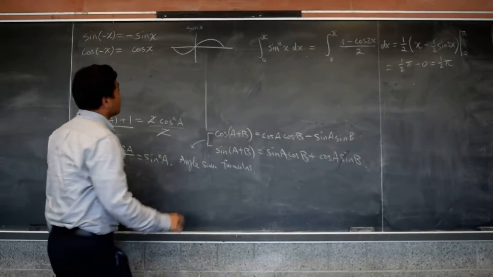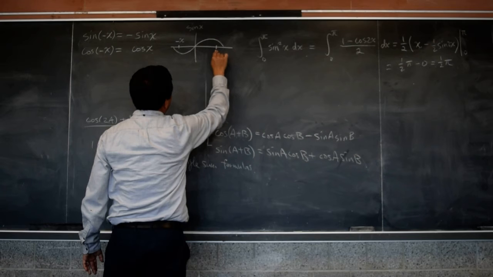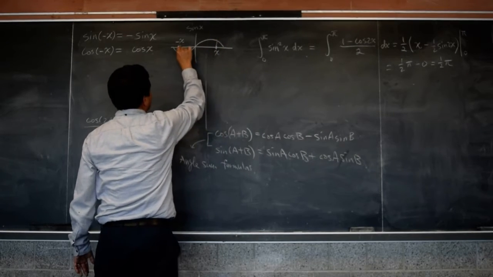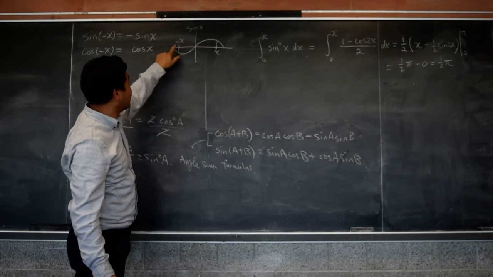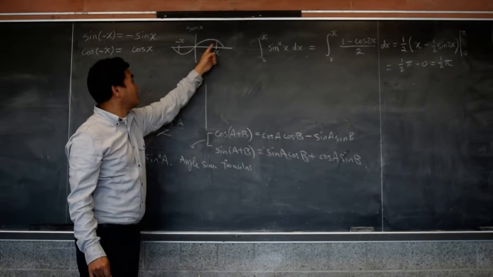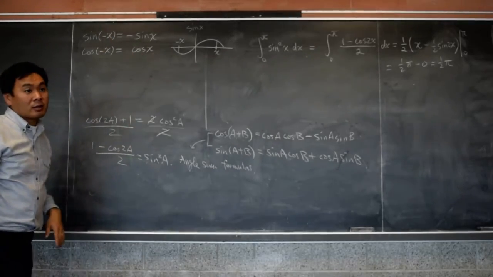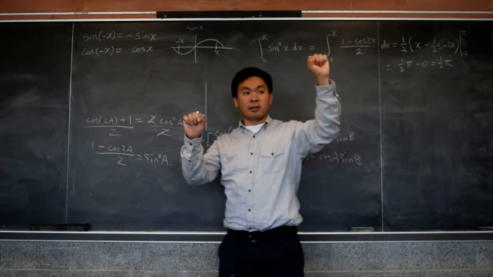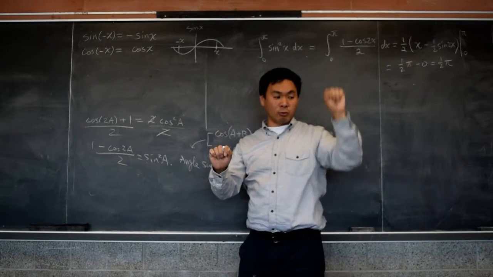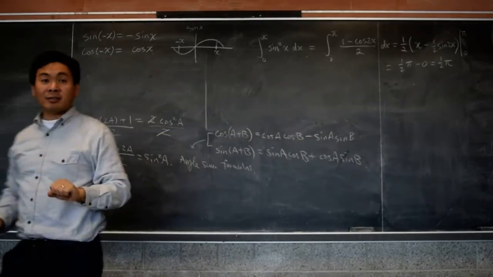And whenever you evaluate at some negative of x and compare with the value at x, you can see that sine of x and sine of negative x are exactly the same but with opposite sign. That's what this is saying, right? Now, if you have a graph where one side goes up, the other side goes down, that's called an odd function.